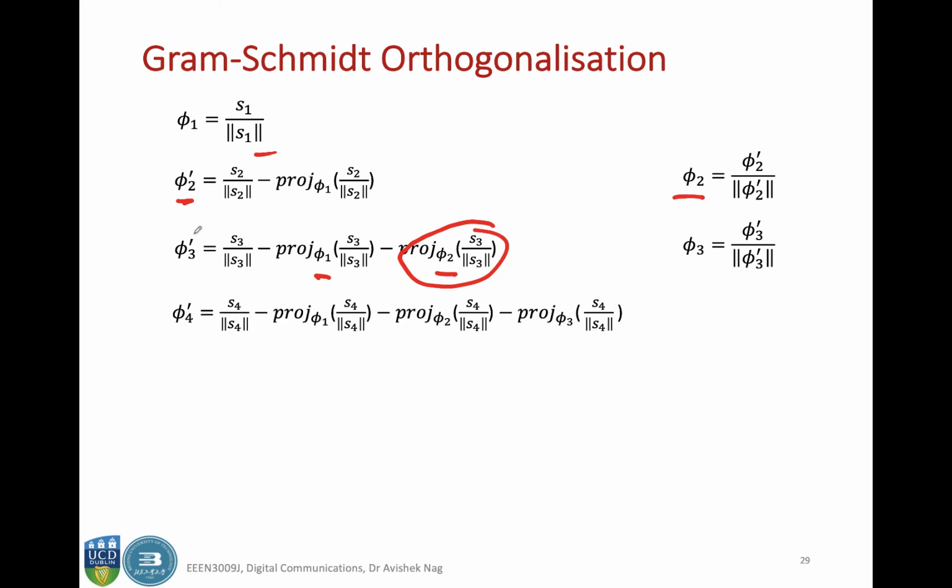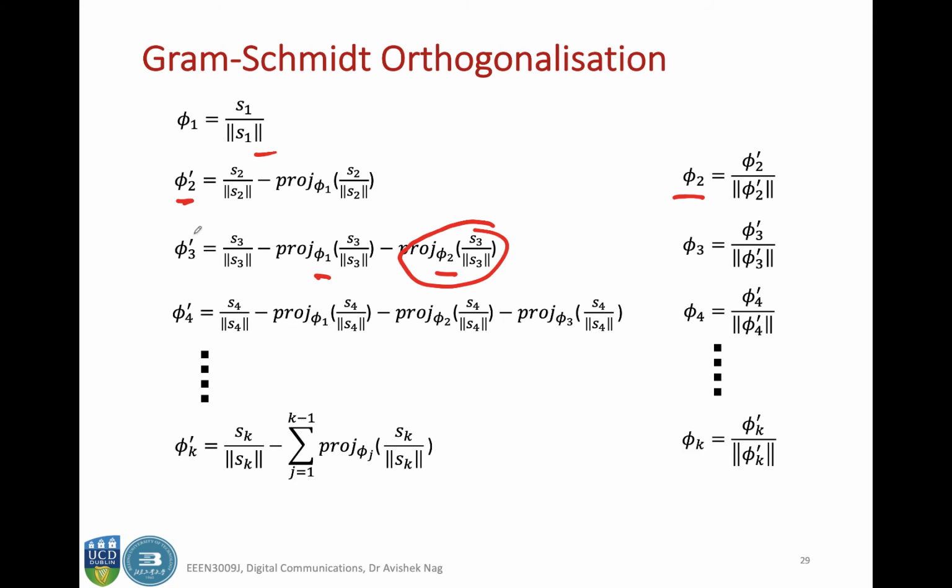You get phi4 prime, which is S4 divided by the norm of S4 minus all the projections of S4 divided by the norm of S4 on phi1, phi2, phi3. And then you get phi4. Similarly, you just go on and get all the phi k's that you need to define the set of all the signals. We have used the projection terms in all these calculations.